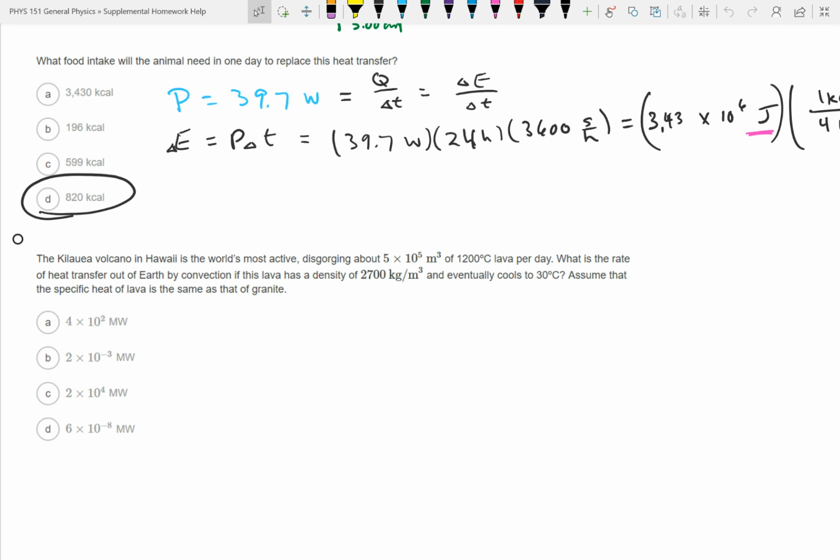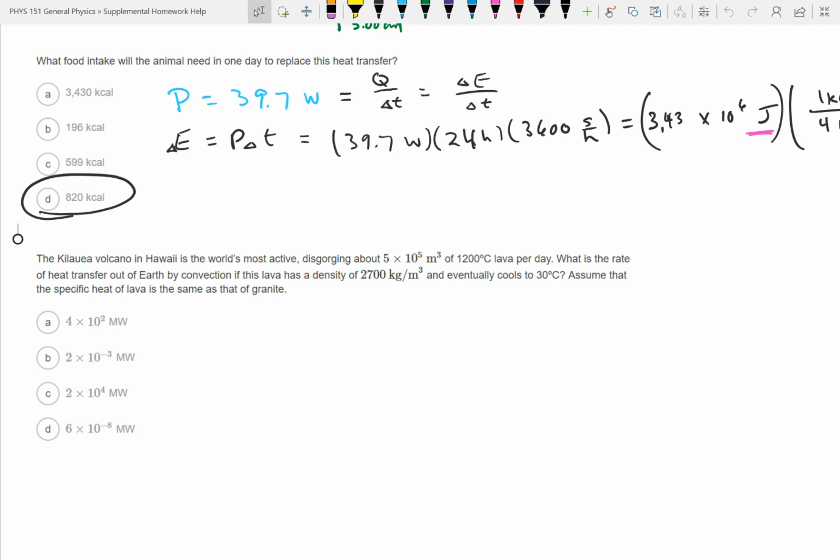Is this convection? Yes, it is, because it's a fluid transporting the energy. If this lava has a density of 2,700 kilograms per meter cubed and eventually cools to 30 degrees Celsius, assume that the specific heat of lava is the same as that of granite.